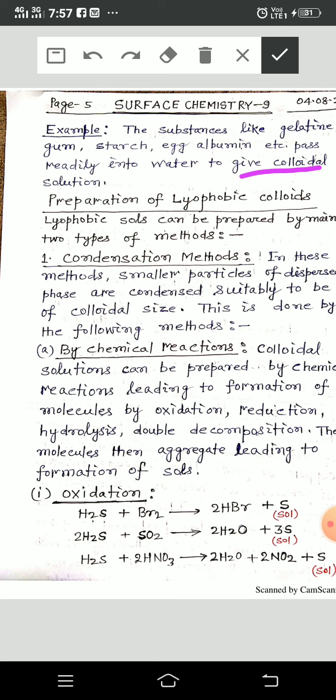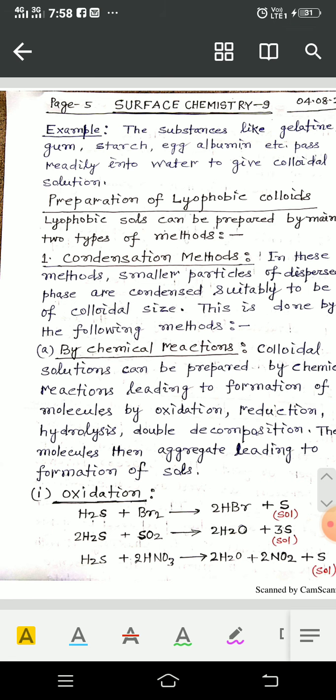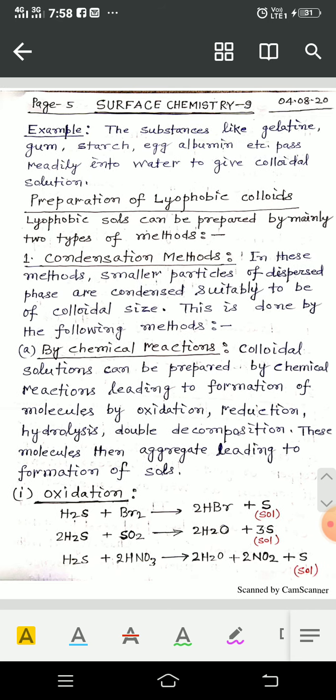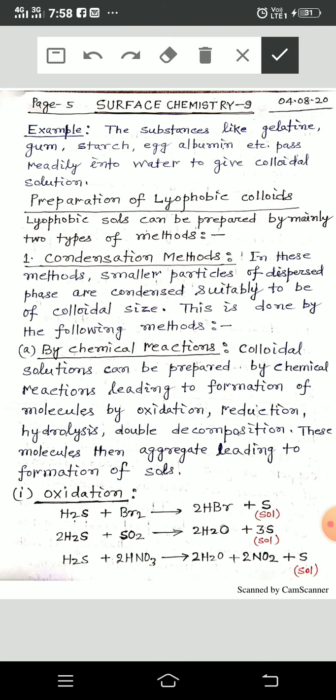These lyophobic sols can be prepared by mainly two types of methods. They are the condensation method and the other is the dispersion method.